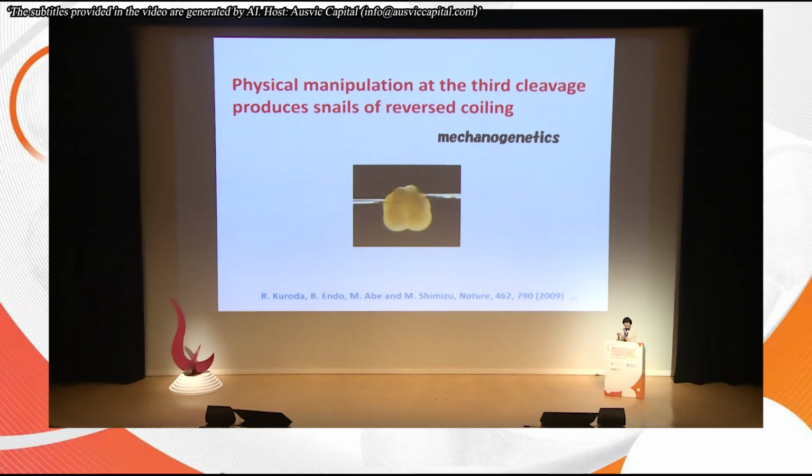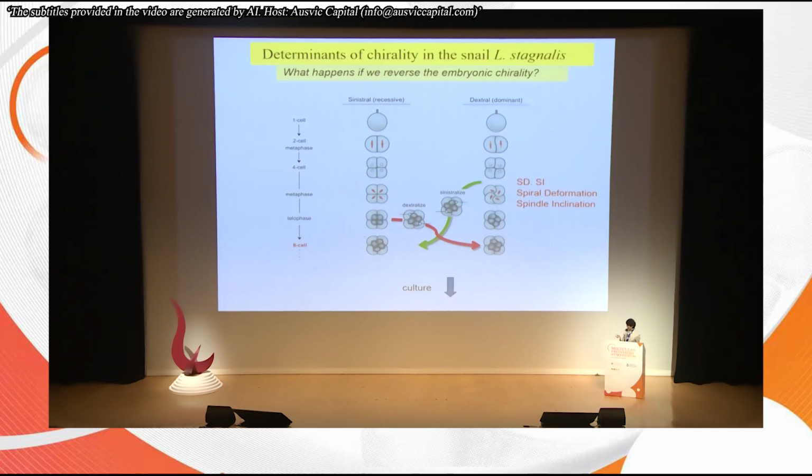I'm not doing anything to the gene, but just manipulating by hand under the microscope to change the orientation of micromeres and macromeres. It's like this. For the SDSI, the dextral one, chirality develops early, so we start pushing up to here. For the sinistral one, chirality develops a bit later, so we start from here and push it here.